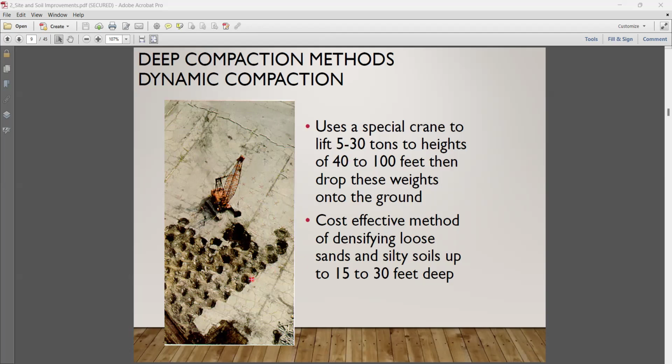You see this sort of crater or holes. Having a hole means that much void has been removed by this force. Now they can fill it again with soil and prepare the site. This is a cost-effective method for densifying loose sand and silt. If you have loose sand or silty soil, like a coastal area, this method is very useful.